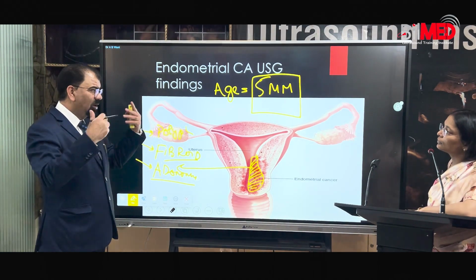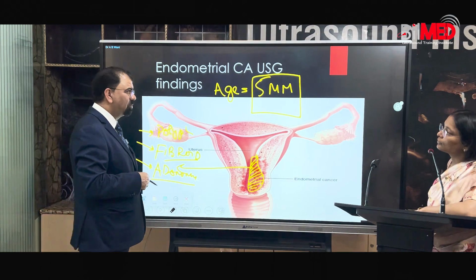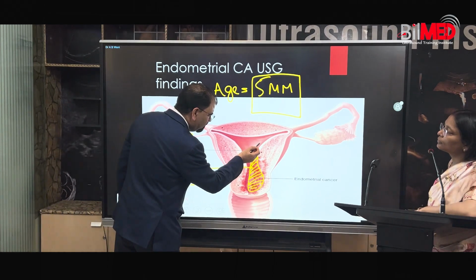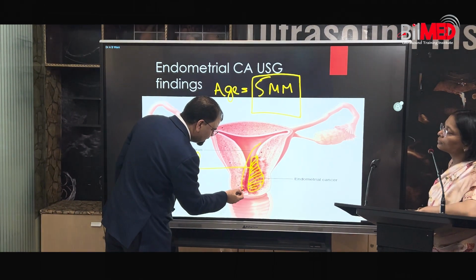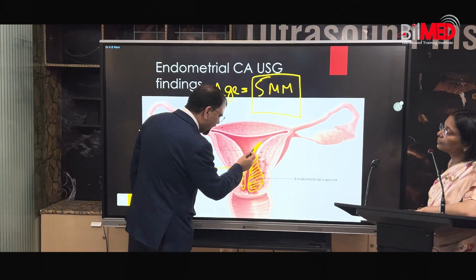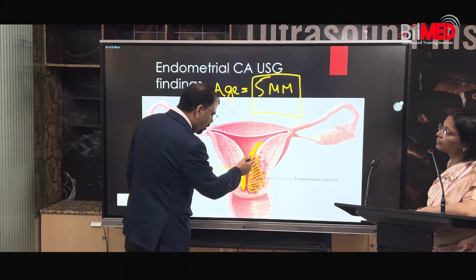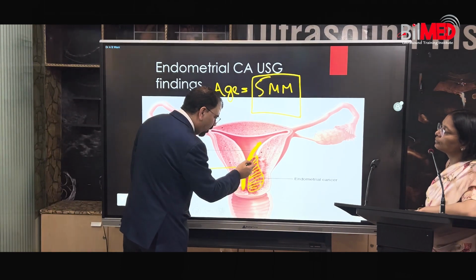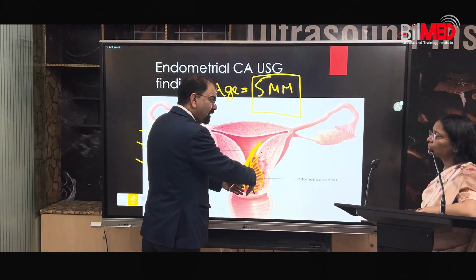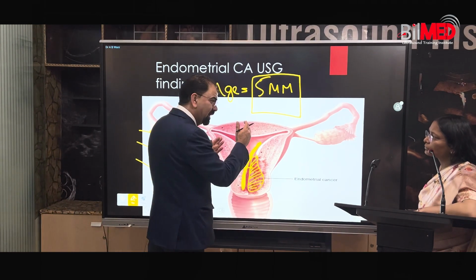Now you will think of endometrial CA, but before jumping to endometrial CA, can there not be a polyp like this? Polyps are not always looking like polyps as you are thinking. If I am having a long polyp with a long pedicle, it will go into the endometrium, the whole of the endometrium, and you will think that I am having a thick endometrium.